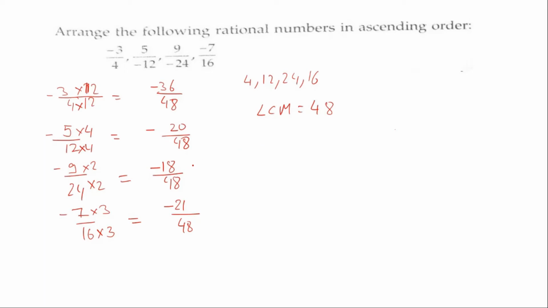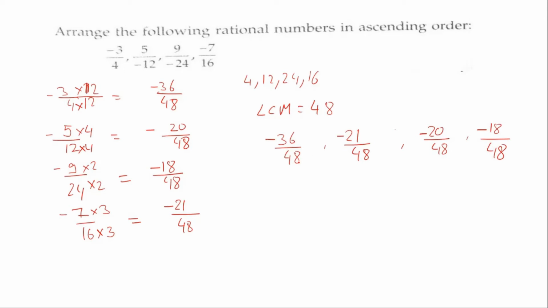So the smallest one is minus 36 by 48. After that it is minus 21 by 48. After that minus 20 by 48, and at last minus 18 by 48.